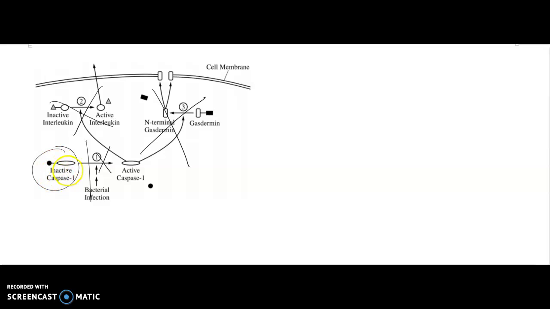I am left with inactive caspase 1, and none of these processes occur. So that's a way that you can interpret these just by following the arrows and seeing what happens where, and then you're going to have to eventually get good at analyzing and telling me what will happen if this can't happen, what would be the result of this, and so on and so forth.